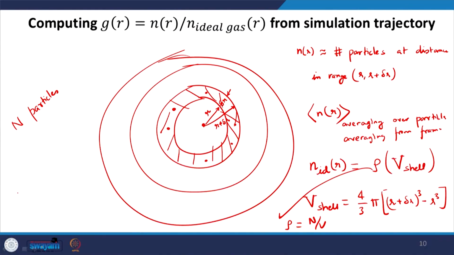So, throughout the box we have a constant density, and that is N by V, and I am defining the number density here. So, we already have the average n of r and we have n ideal of r. Therefore, we can find g of r as n of r by n ideal.